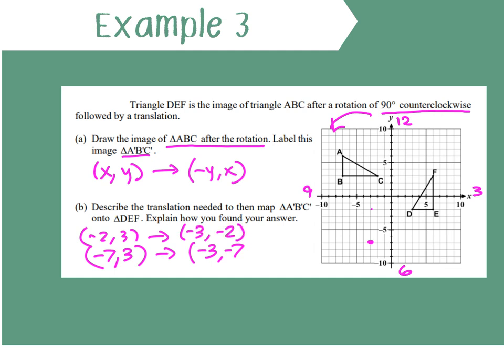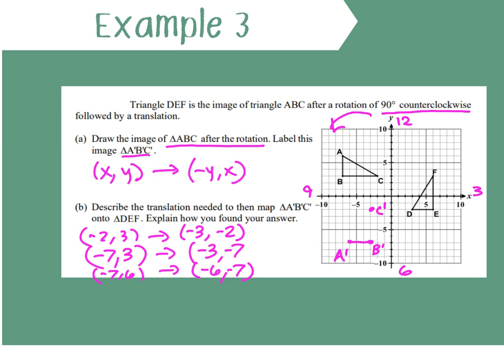So (-3, -2) would be our C primed. And then our A primed starts as (-7, 6). We'll reverse it, which would be (-6, -7) with that rule. So (-6, -7), A primed.